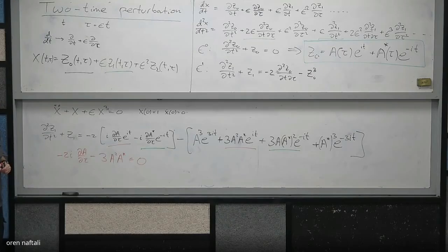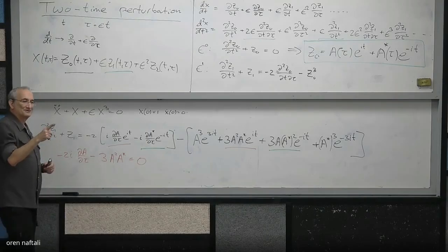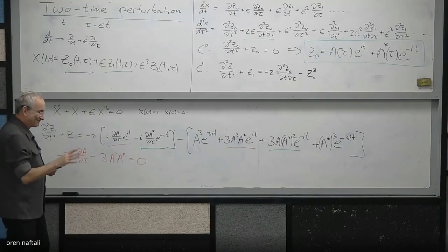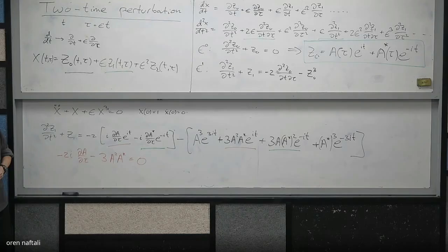Very good. How do I do that? It's kind of a Schrodinger equation. The conjugate is what makes it a nonlinear Schrodinger equation, right? But no, we are not going to solve it that way.